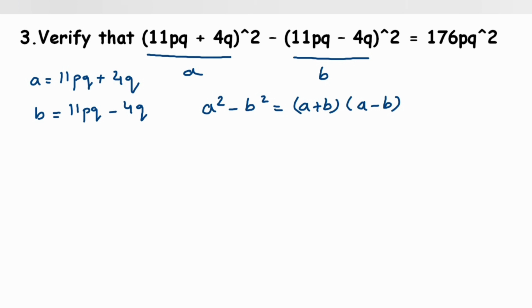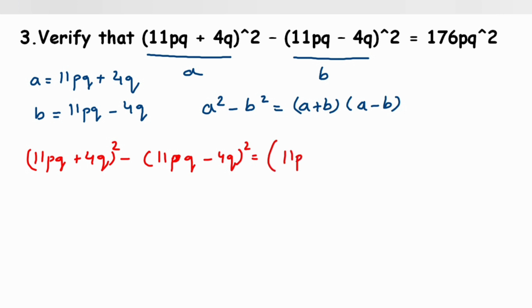So from here we can write down 11pq plus 4q whole square minus 11pq minus 4q whole square is equal to, we're using an identity a plus b into a minus b. So we'll get here, write down the a value, which is 11pq plus 4q.